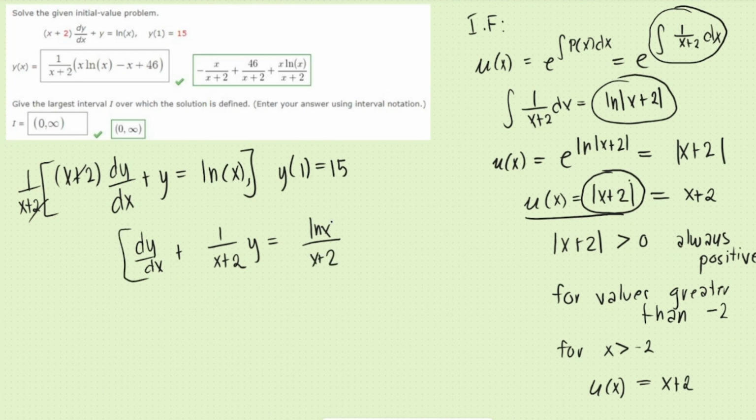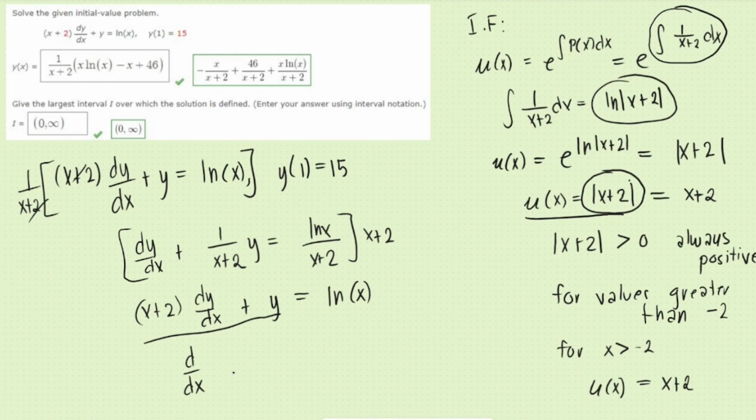If we multiply x plus 2 to both sides of the equation, we go back to (x plus 2) dy over dx plus y is equal to ln of x. And as you can notice, we can express the left hand side as d over dx of y times (x plus 2) is equal to ln of x.